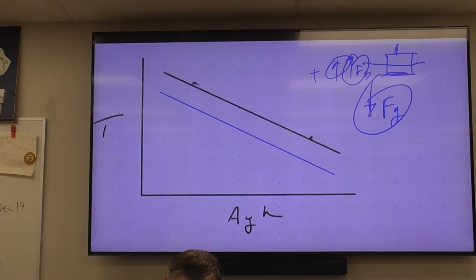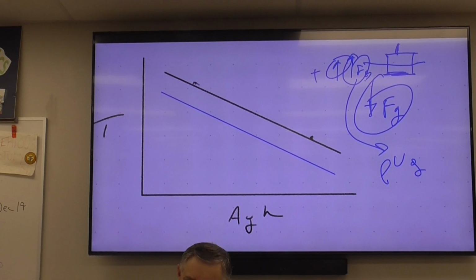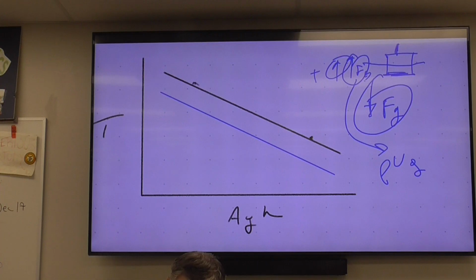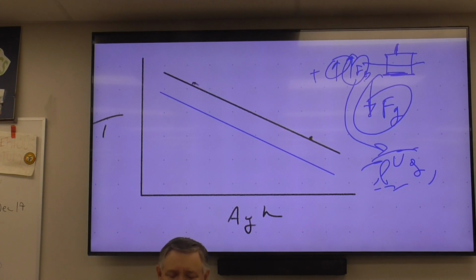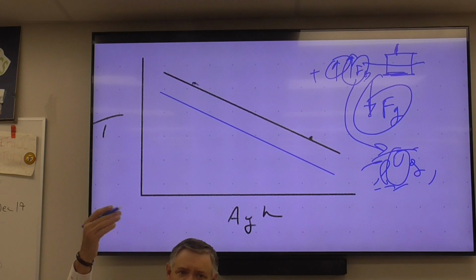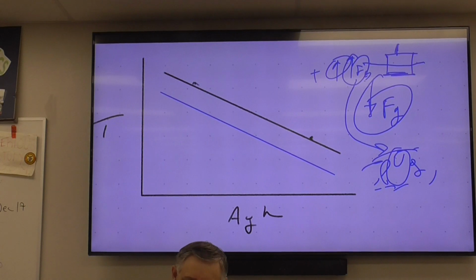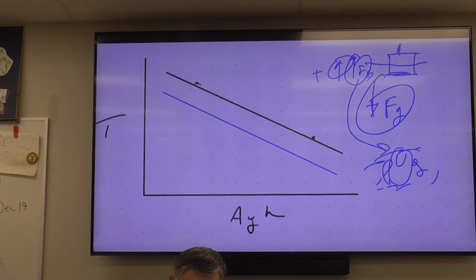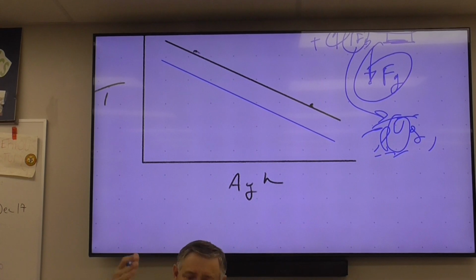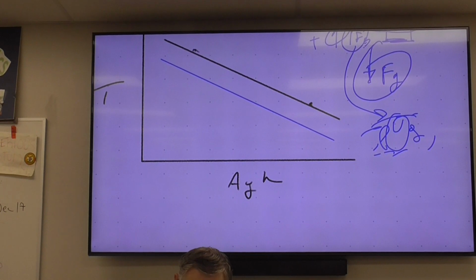Buoyant force is rho Vg, but remember, rho is the density of the fluid, V is the volume that's submerged, and g is gravitational acceleration. So clearly, the more volume that's submerged, the more buoyant force there's going to be. We got a little clever in terms of the units, in terms of what you're going to graph.